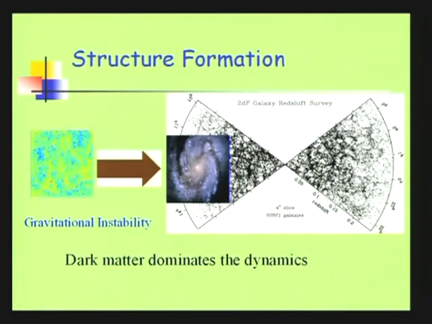The current belief, which is also quite well established and well accepted, is that there were initially in the universe some small fluctuations in the density. It was not perfectly homogeneous and isotropic. There were small fluctuations in the density, and these small fluctuations grow by the process of gravitational instability.